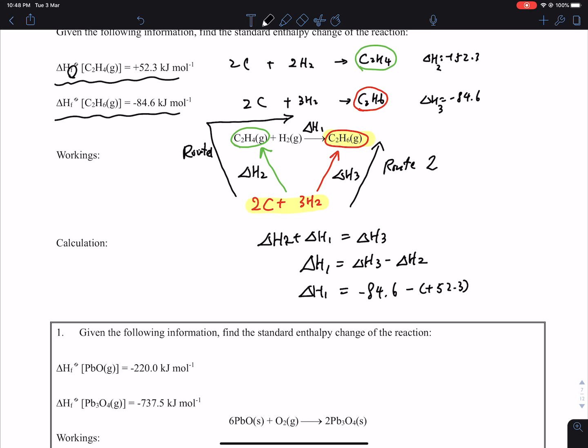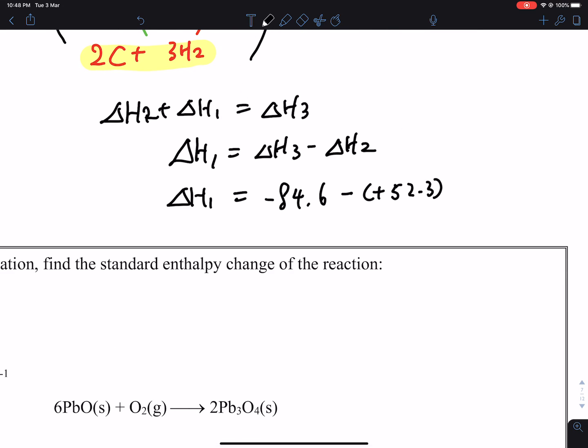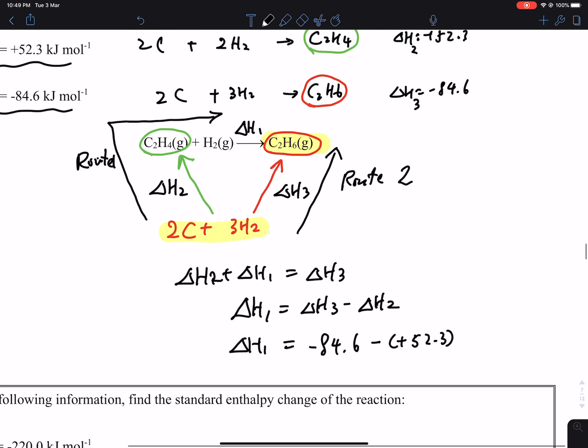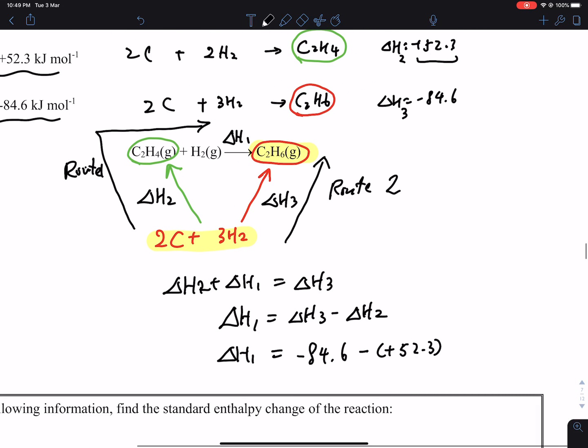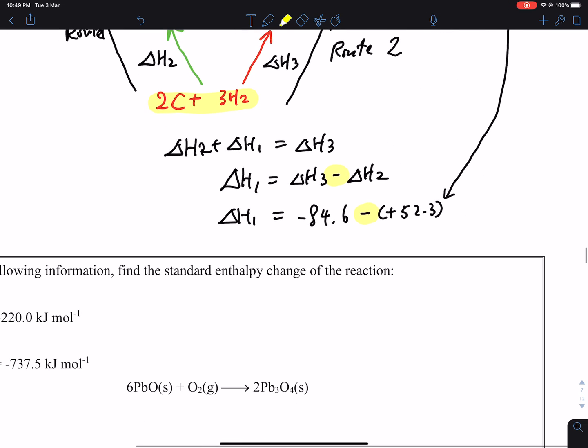Now I have some tips for you so that you will not mix up the plus and minus signs in your calculation. Remember, what I did is copy the number including the positive sign into this part, and the negative sign comes from the equation over here.